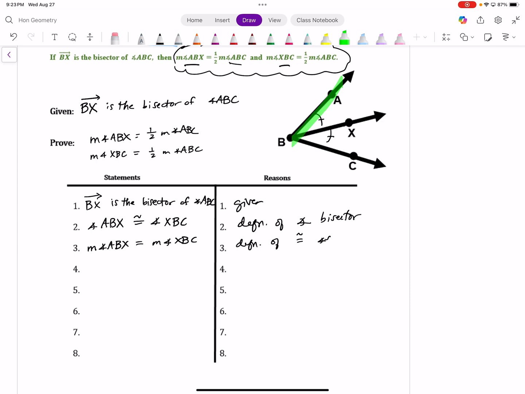Okay? All right, so we've got to get something with angle ABC in it. So angle ABC is the big one. So let's do the angle addition postulate. I know that the measure of angle ABX added to the measure of angle XBC is the same as the measure of angle ABC because of the angle addition postulate.